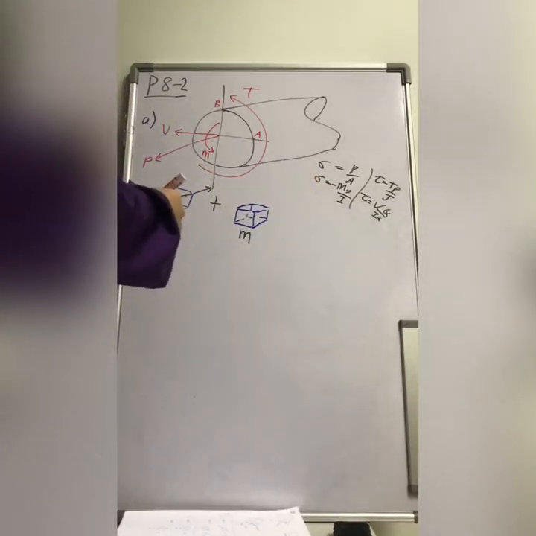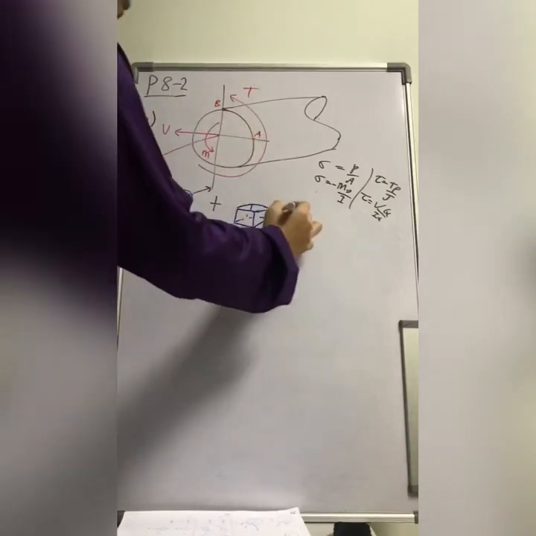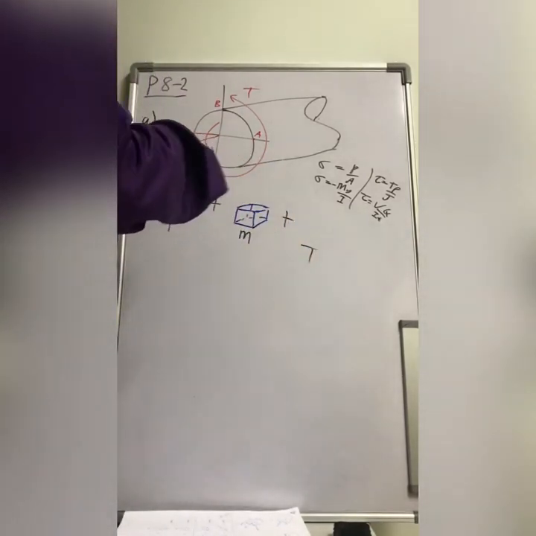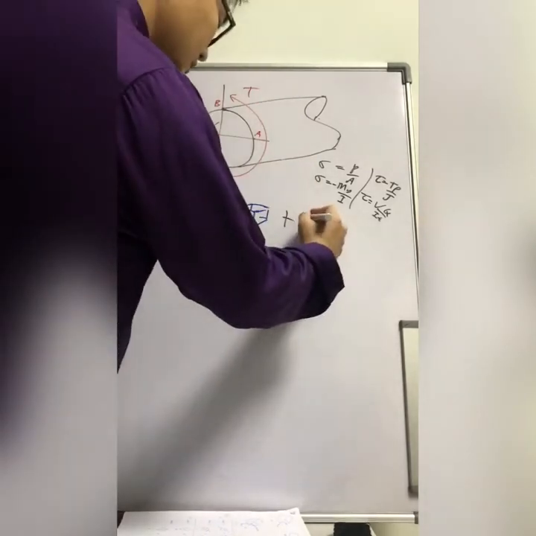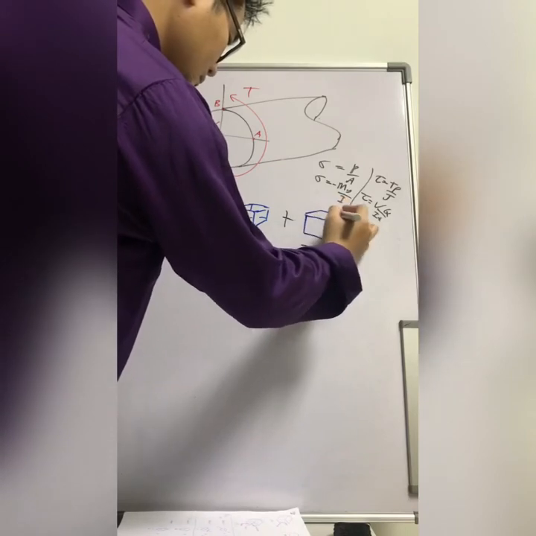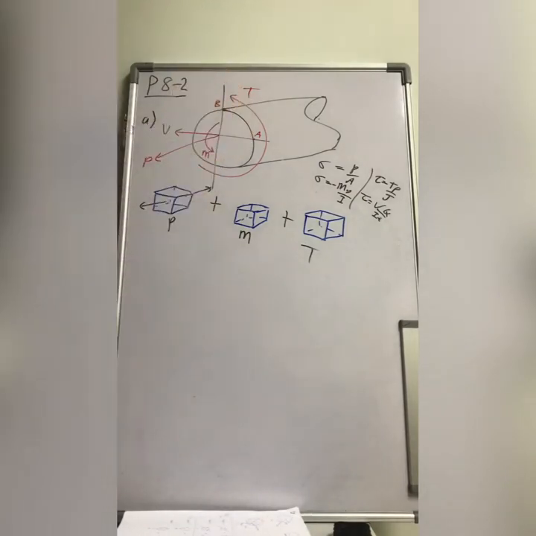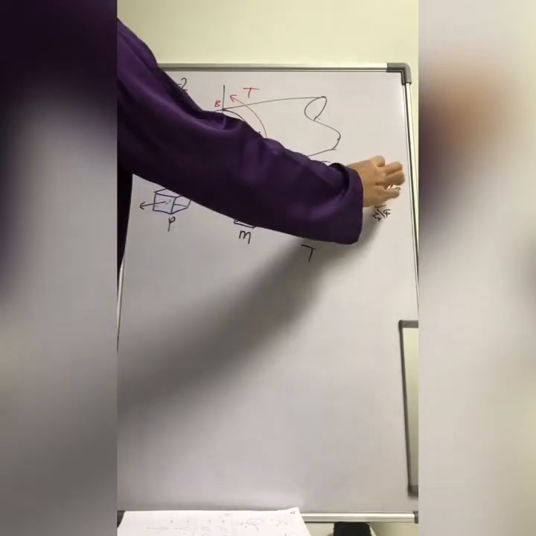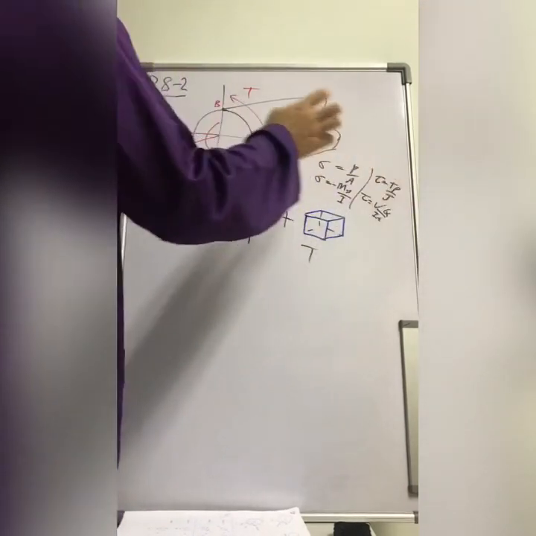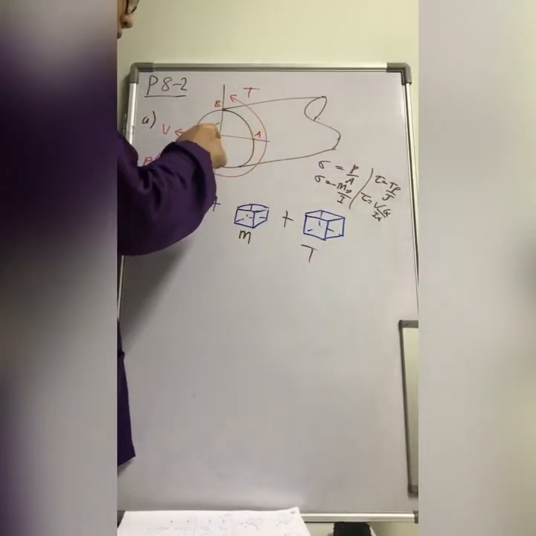Next we look at what happens with T. What about the torsional moment T? Do we have shear stress due to torsional moment T? The answer is yes, because look at this equation, tau equals T rho over J. The variable is rho, which is the distance from the centroid.